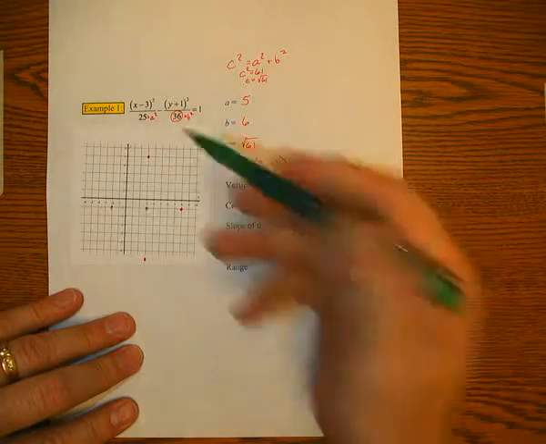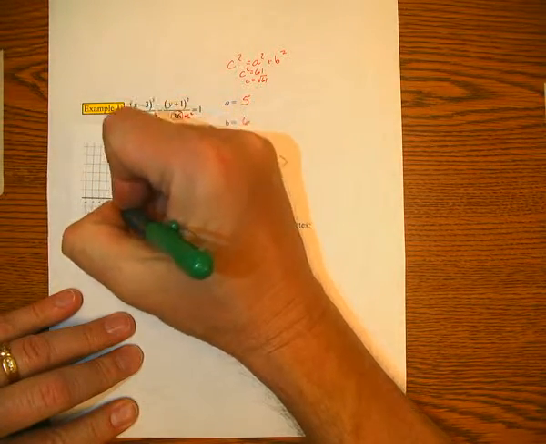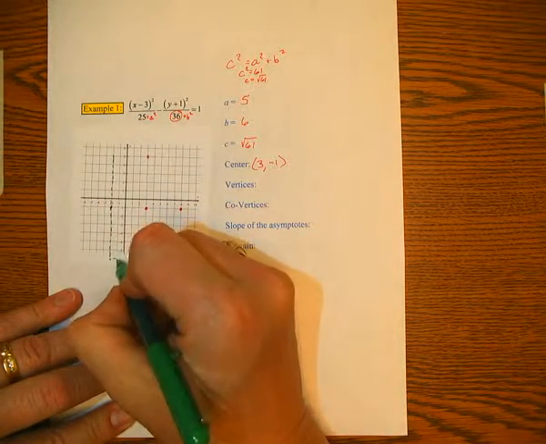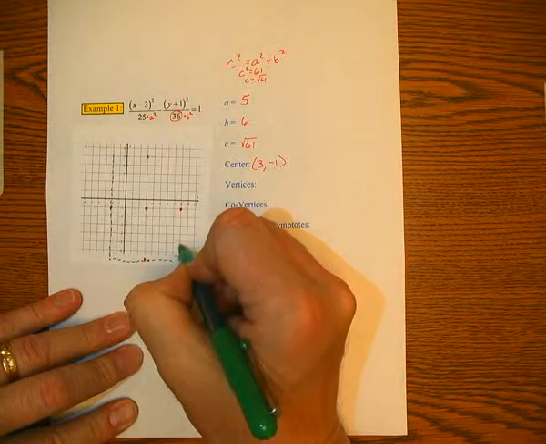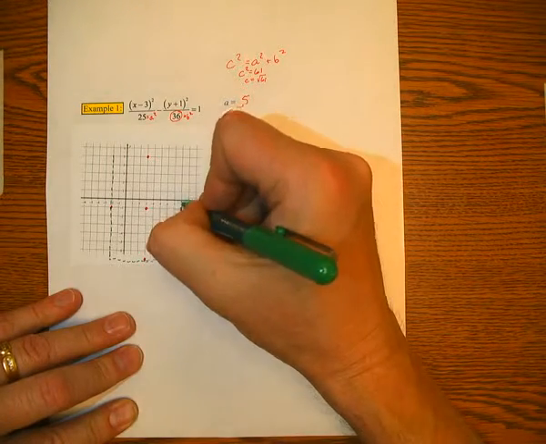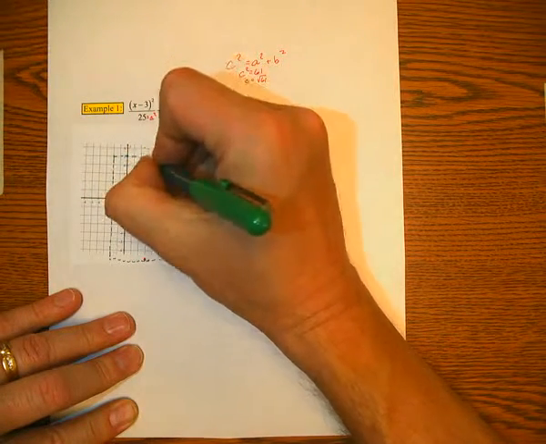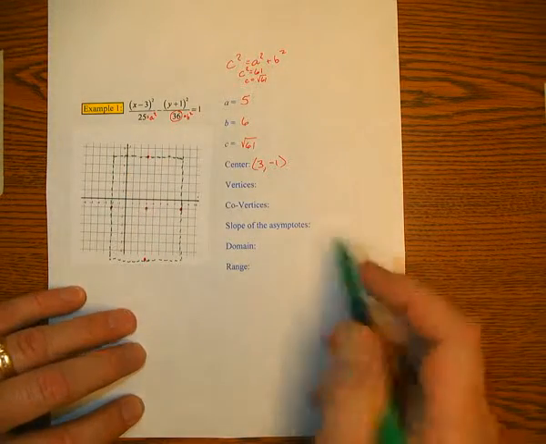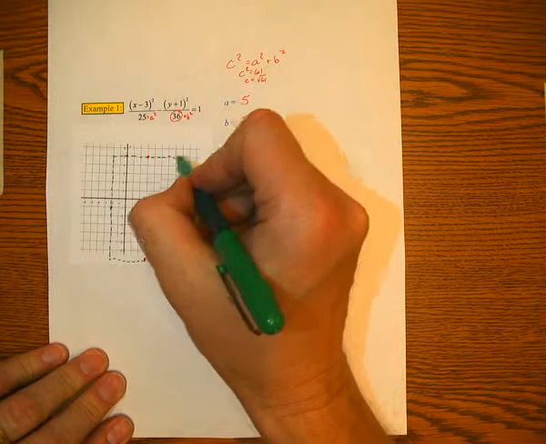All right, so your next step is to draw a box where those 4 points that we just plotted represent the midpoints of each side of this box. And I'm doing this as dotted lines because these are not actually part of the curve. All right, so your next step is to draw your asymptotes.